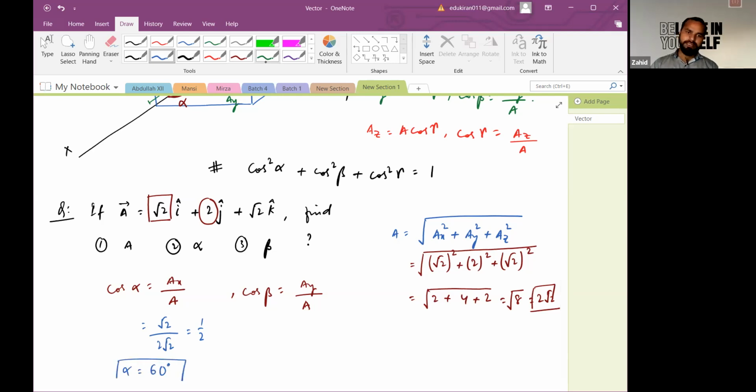Similarly, if you put in this part, AY is 2 and A is 2 root 2, so 2 and 2 will cancel out. So you will get 1 over root 2. So the value of theta for which cos is 1 by root 2 will be 45 degrees.